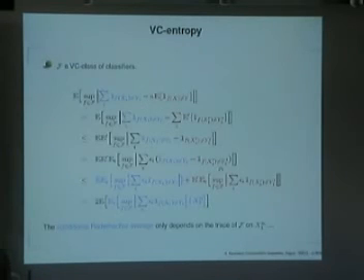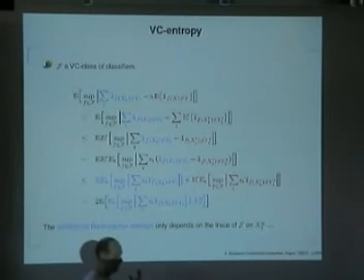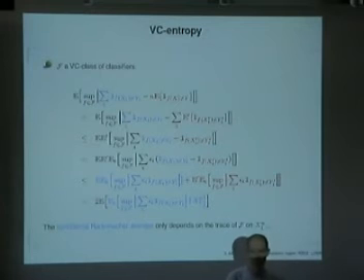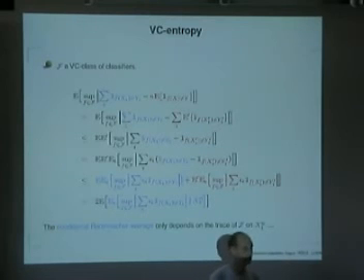So, now I will revisit a little bit the role of the VC entropy. This will be an opportunity to try to relate those concepts of capacity to the real problem, which is usually the discrepancy between the empirical classification error and the expected classification error of our classifiers.